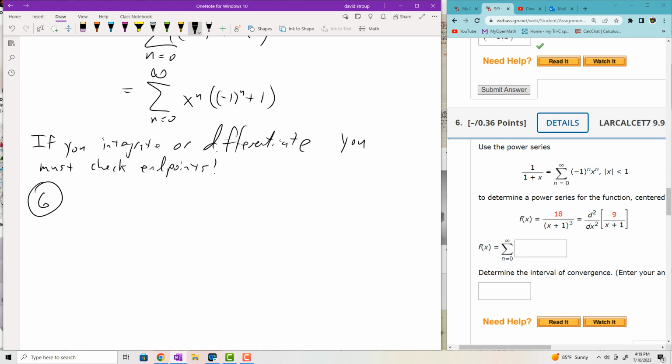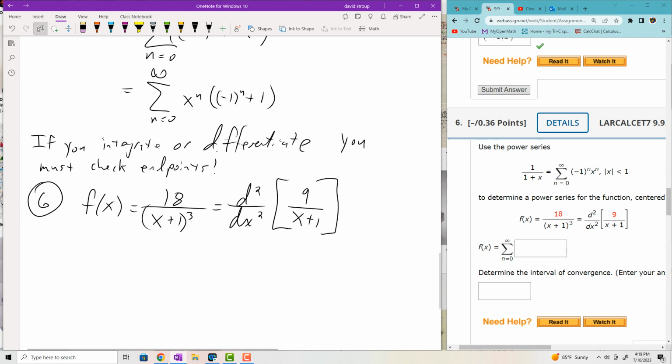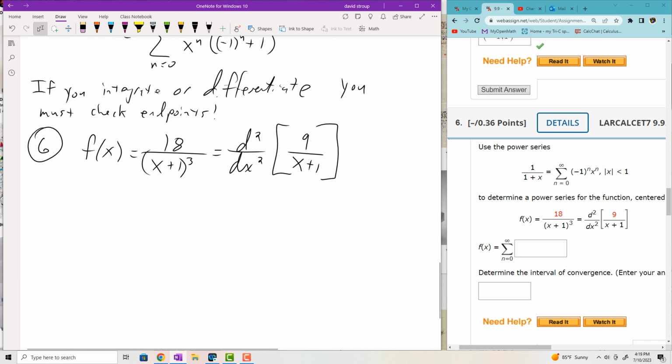And we have the power series, f of x equals 18 all over (x plus 1) cubed. Okay, so they are kind enough to tell you that this is just the second derivative of 9 over x plus 1. And that's nice because we know how to take the derivative of power series now.